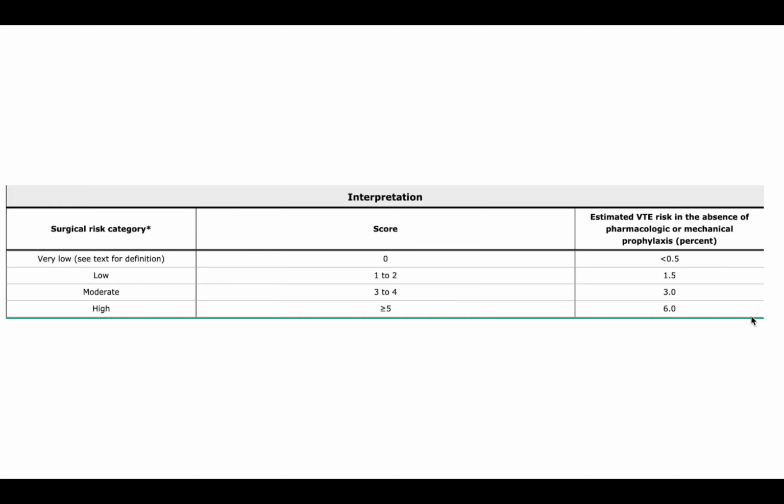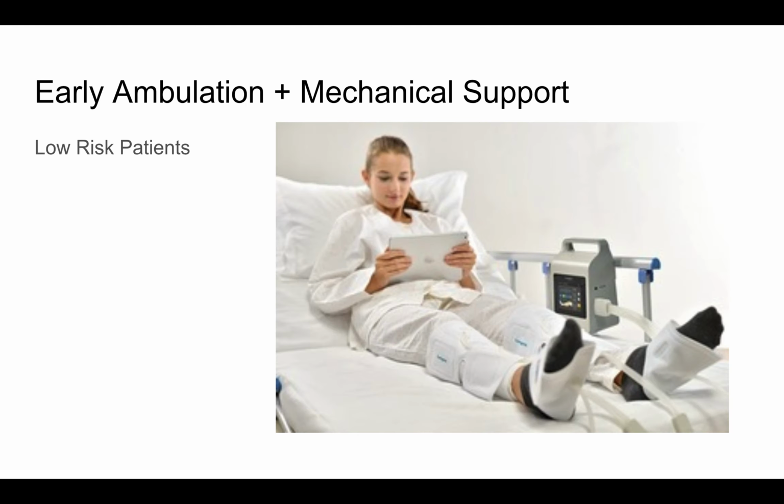Their estimated risk of venous thromboembolism in the absence of prophylaxis is 3%, which is pretty high risk in those patients, something we definitely want to take steps to avoid. And so how do you prevent VTE in these patients?